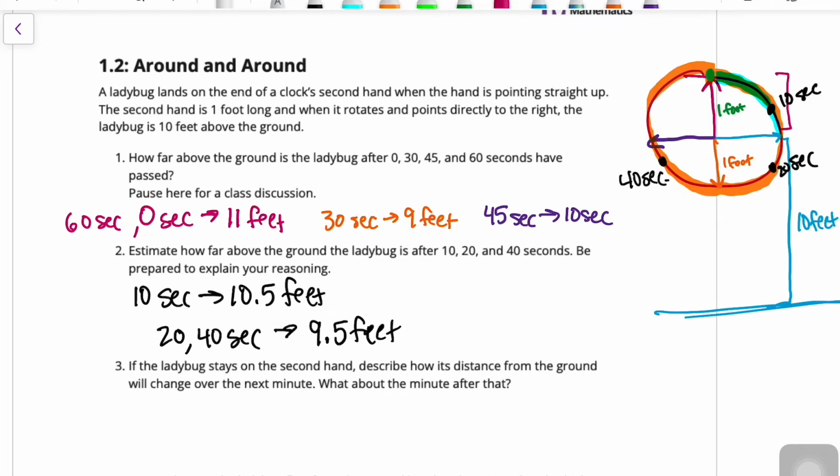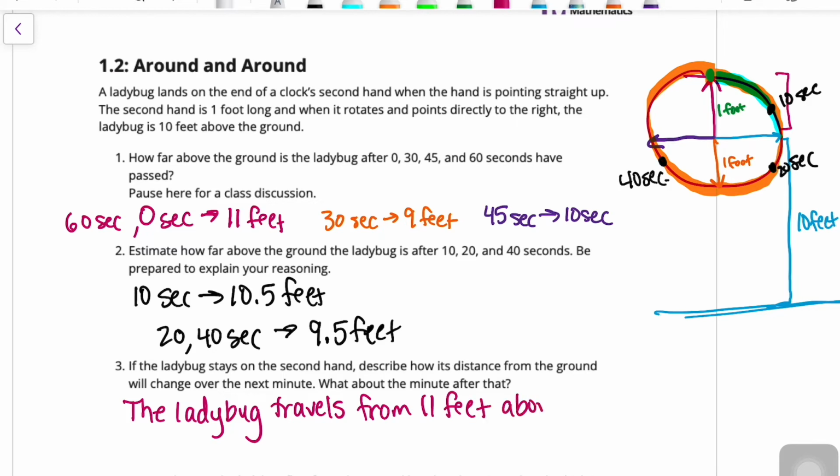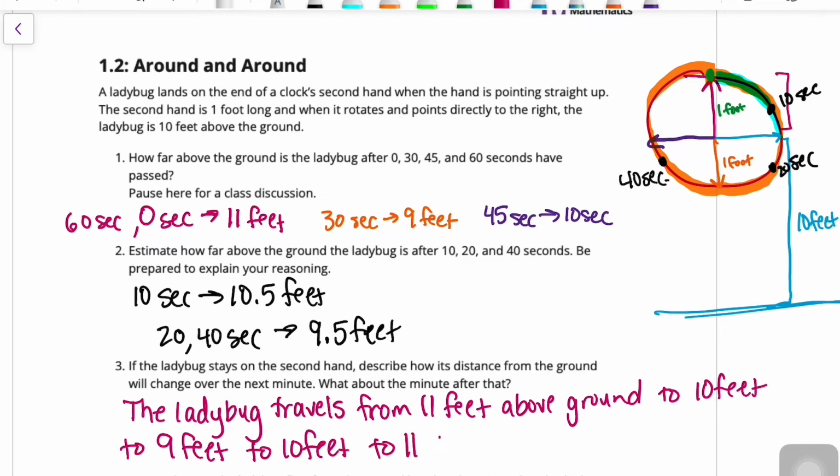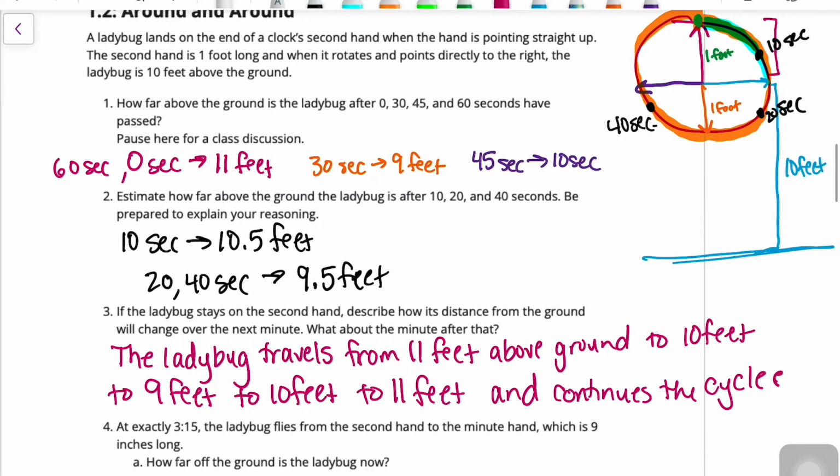So the ladybug travels from 11 feet above the ground to 10 feet, to 9 feet, to 10 feet, to 11 feet, and continues the cycle each minute.